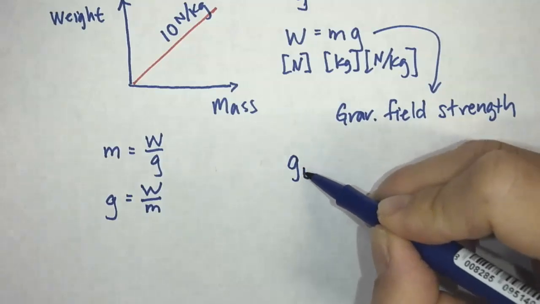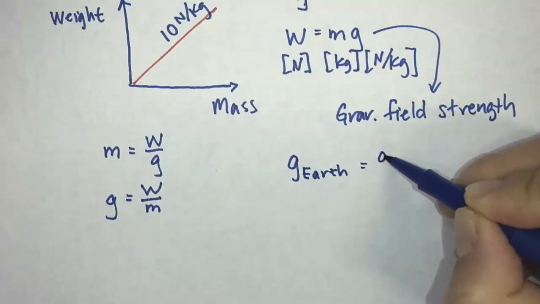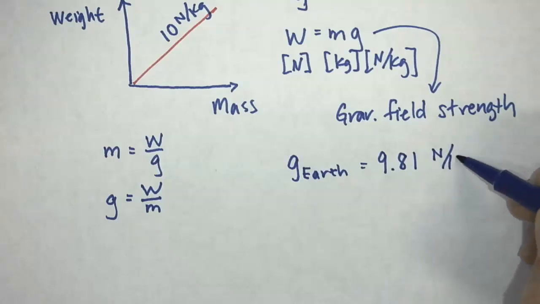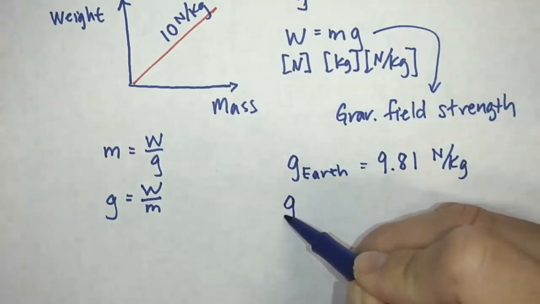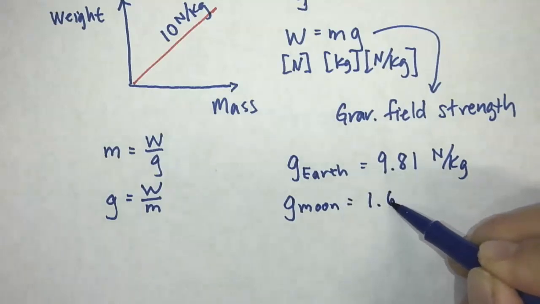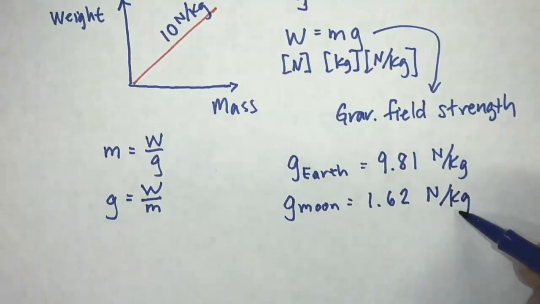One is the gravitational field strength of the Earth. On Earth, it is 9.81 newtons per kilogram. And on the Moon, it is 1.62 newtons per kilogram.